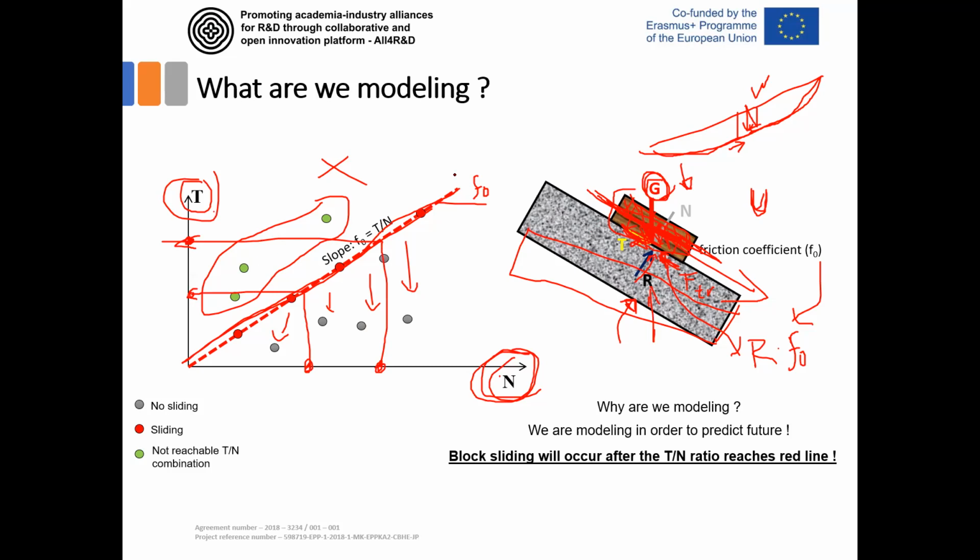What is important to see is that after you submerge this element in water, there is no change of friction coefficient. The only thing that changes is this normal force, this component of the self weight. Since it reduces, the resistance reduces.